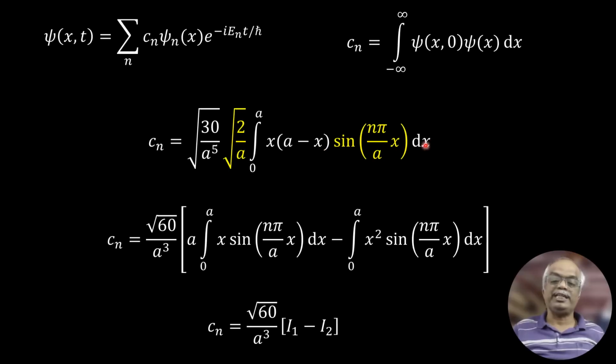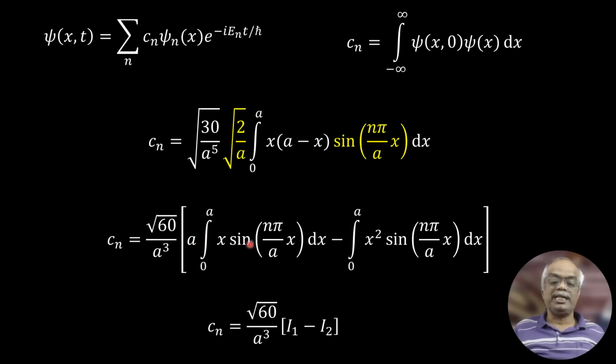So we have to integrate it between the limits 0 to a with respect to x. This integral can be separated into two forms. First, a times x sin n pi by a x dx; a I can take out because it's a constant.